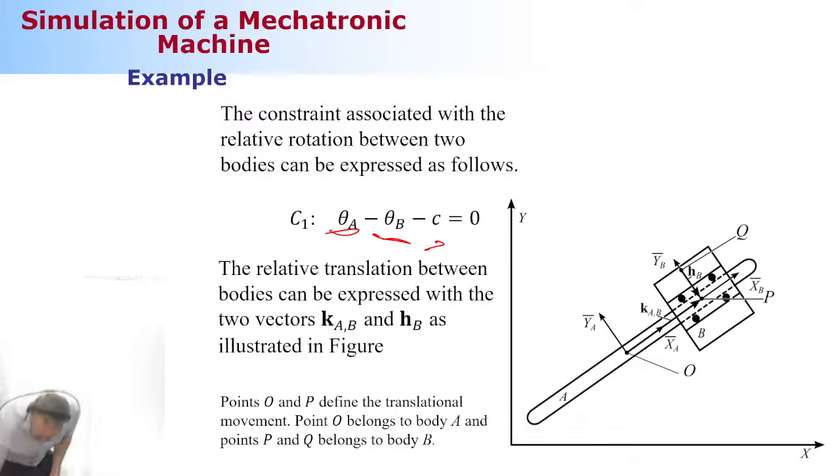First, we set a vector called KAB that travels from here to here, from the first body reference coordinate system ending at the second body coordinate system. Q here is going to be the one that belongs to body B, and I'm going to have another vector called HB. I'm going to set these two vectors to be perpendicular. That's going to be my second constraint equation.